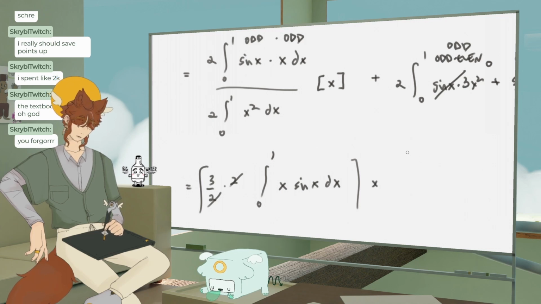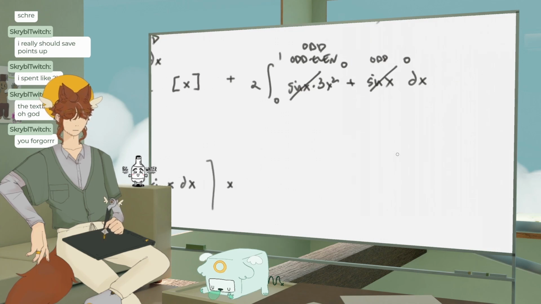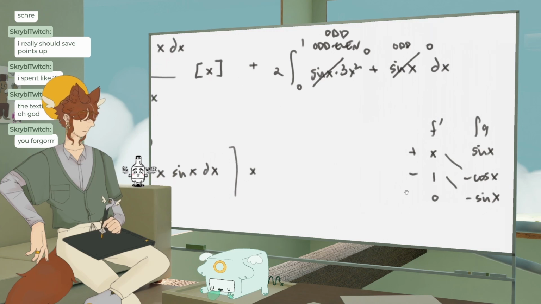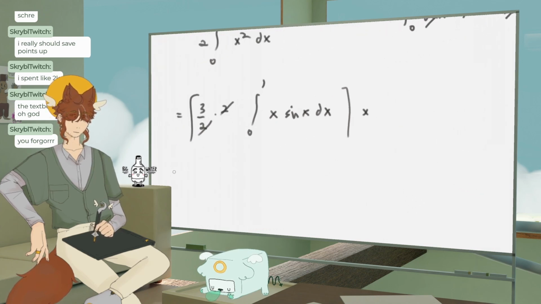Alright, so x sine x, not a recursive integral. What am I doing usually? f, f prime, x, 1, 0, g, sine x, negative cos x, negative sine x, plus minus. So chill.